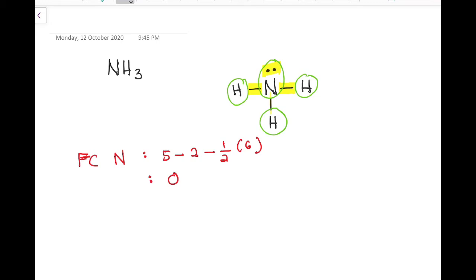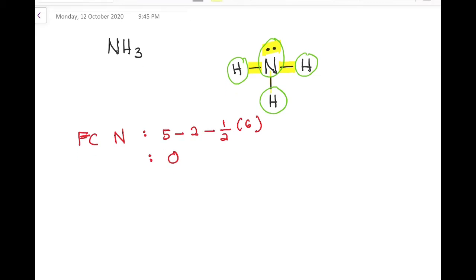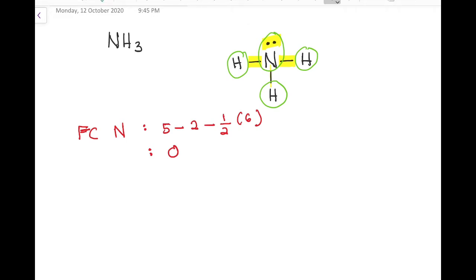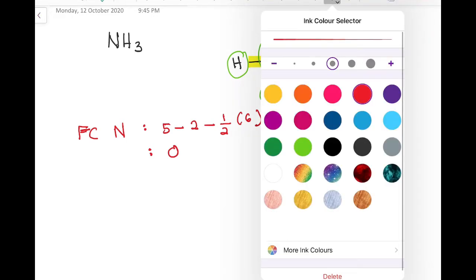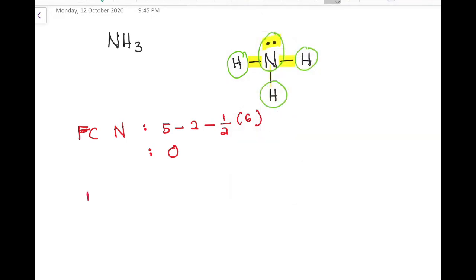The second formal charge is for hydrogen. Hydrogen has 1 valence electron. In this case, hydrogen does not have any lone pair, so we put 0, minus half.